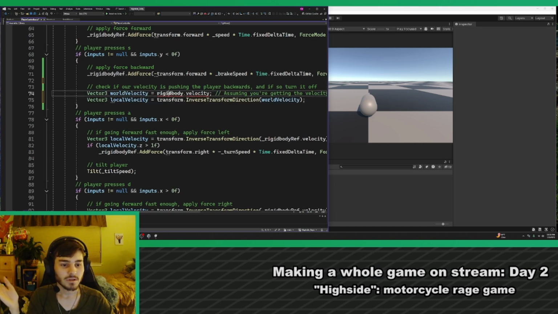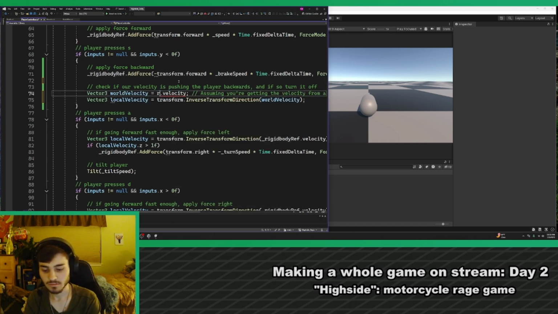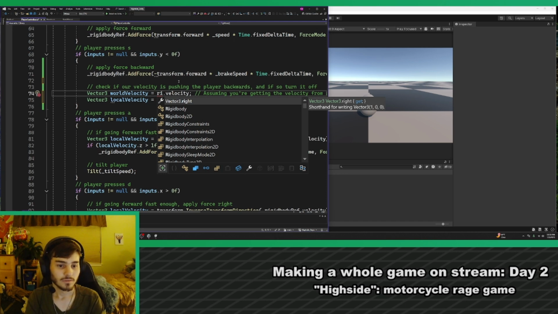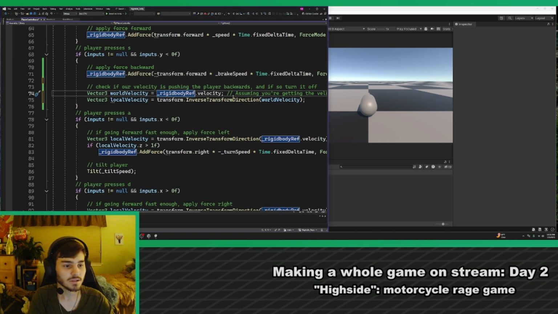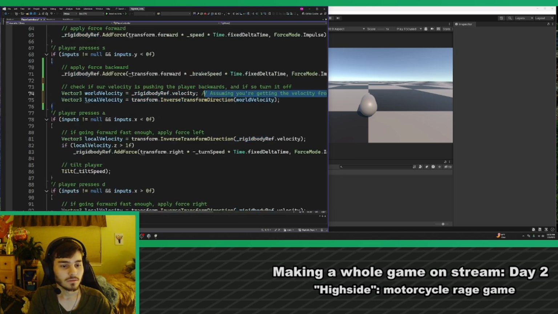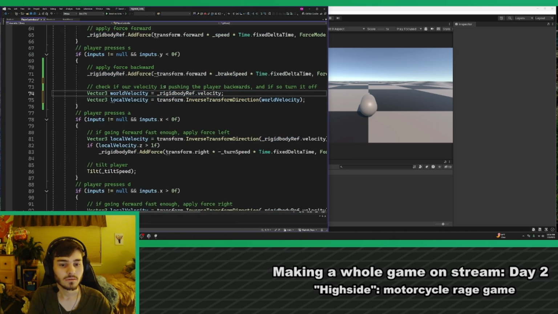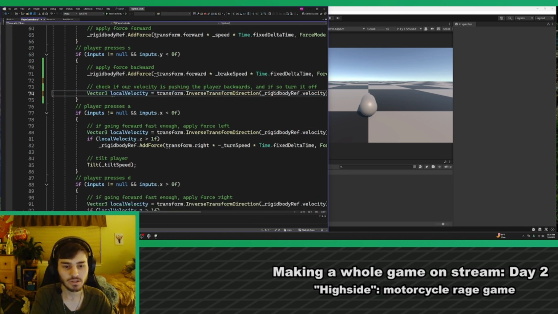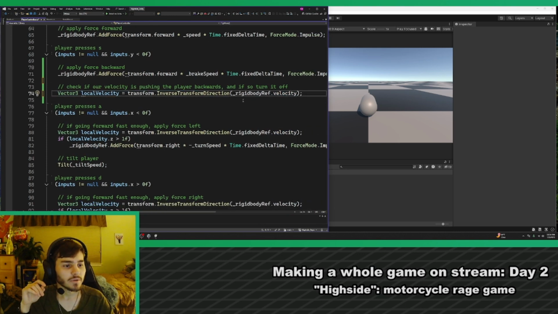So, world velocity with rigidbody ref velocity. Okay, now I see with that. There's no need for that variable.